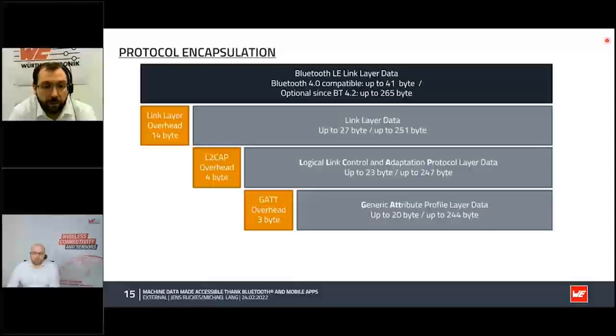So the general thing is, as Michael introduced in the very beginning, Bluetooth Low Energy was introduced with version 4.0. In the meantime, we are at 5.3. So what happened? Pretty much all additional features that came in are optional.